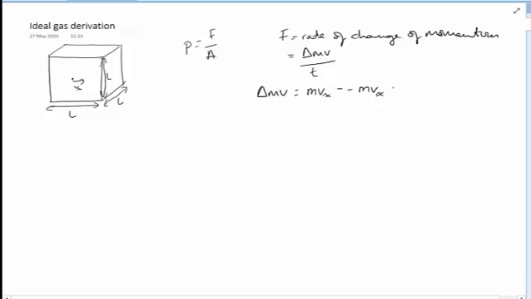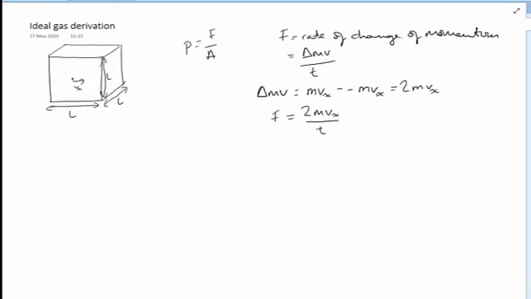So our change in momentum is therefore equal to 2mvx. Okay, so if we substitute that back into our equation for force, we get force is equal to 2mvx over t.